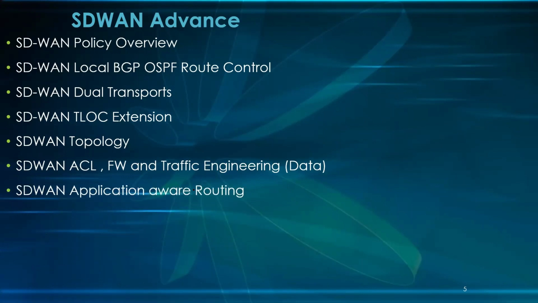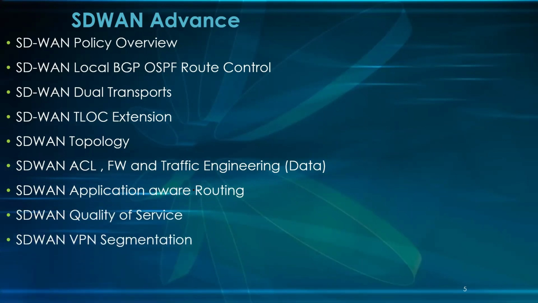Okay. Next, another intelligent feature of the SD-WAN is application aware routing, which is more about understanding your application, understanding the type of media, and then the best media should be used for that application. Okay, quality of service, VPN segmentation, NAT.